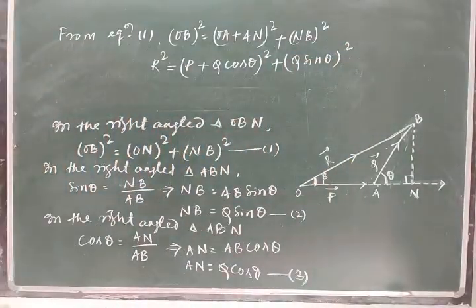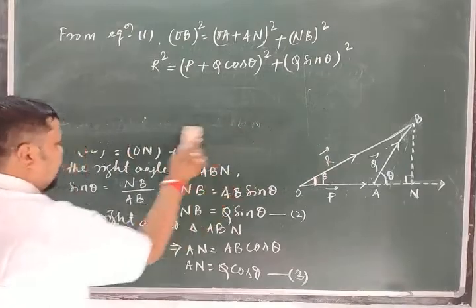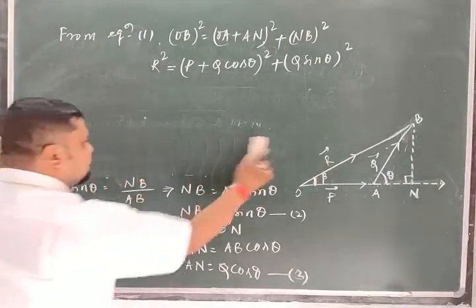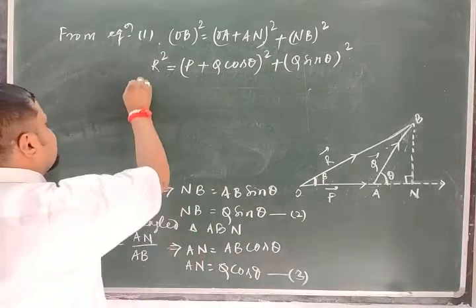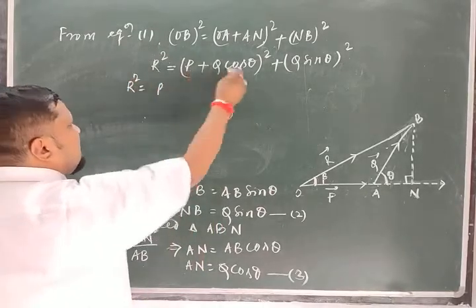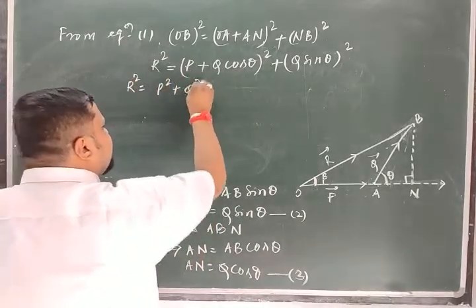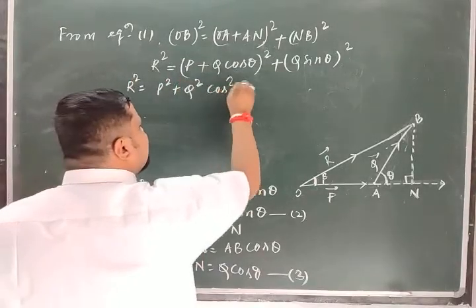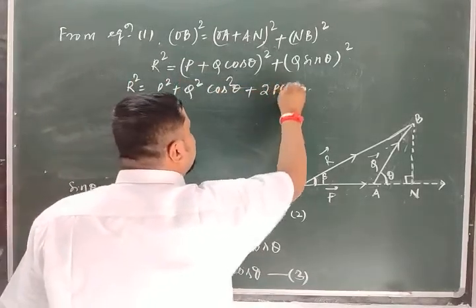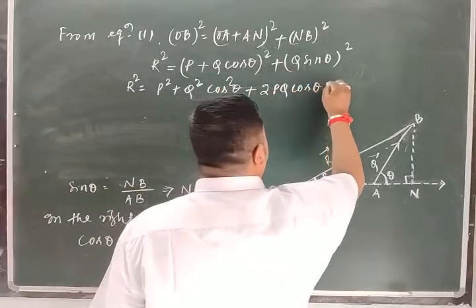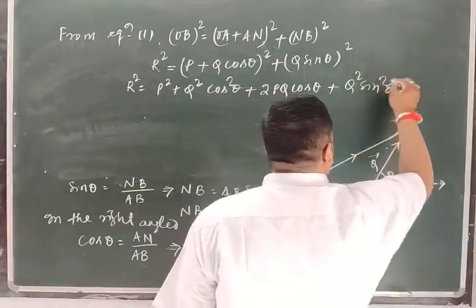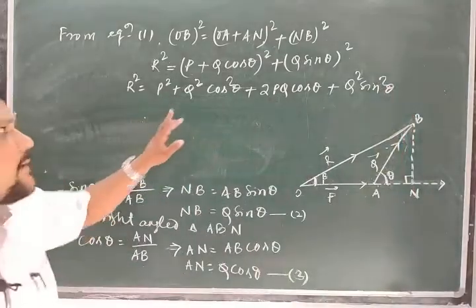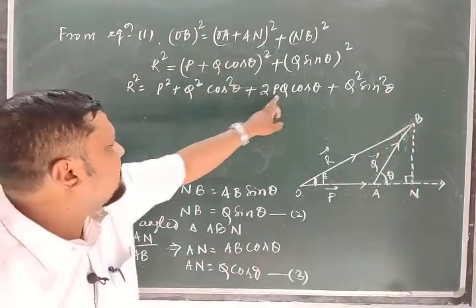Clear? Now you solve this case. What will you get here? R square is equal to A plus B whole square: P square plus Q square cos square theta plus 2PQ cos theta, that is 2AB, plus Q square sin square theta. Clear? A plus B whole square is A square, B square plus 2AB.